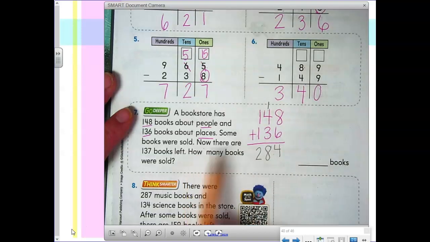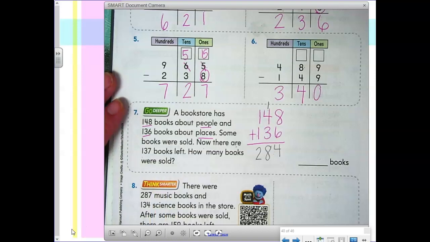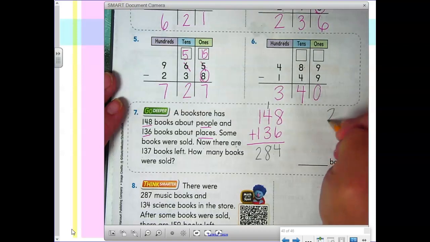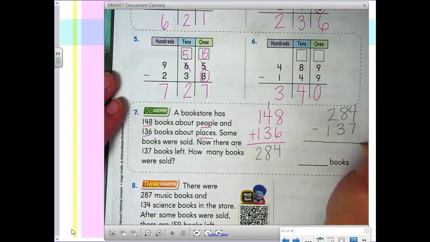Now it says, now there are 137 books left. How many books were sold? So there are 284 books altogether. 137 books left. If we subtract it, it will tell us how many were sold.